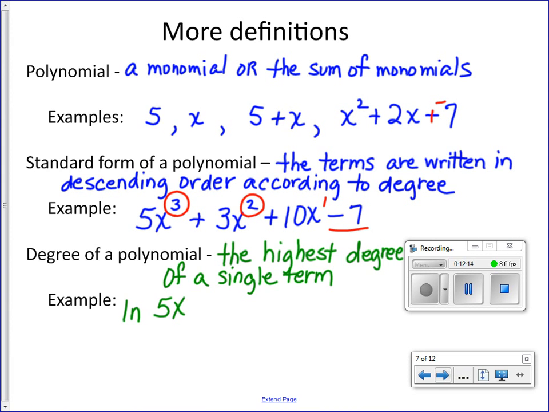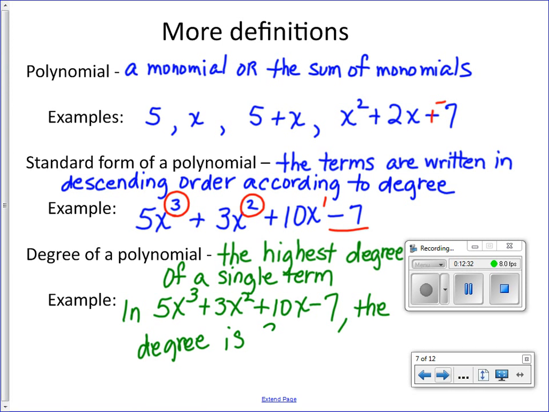In the example that's right up above, 5x cubed plus 3x squared plus 10x minus 7, the degree of the polynomial is 3. And that is because 3 is the highest degree of any single term in that polynomial. So there's no adding together of the exponents to find the degree of a polynomial, unless you would have more than one variable in the term.